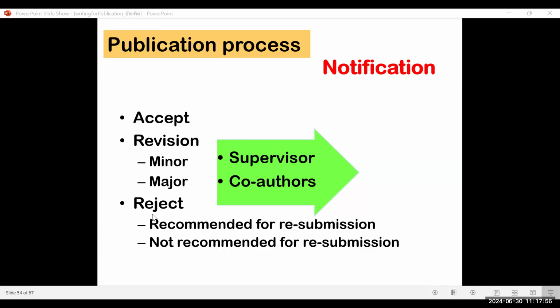But the worst case, the answer from the journal turns out to be rejected. But beneath the rejection response, there are two options in general. Reject but recommend resubmission means the journal finds something far more interesting in your work, but it might be some kind of writing style or presentation style that you need to revise, in a far more enlarged version that cannot be adjusted as a major revision.